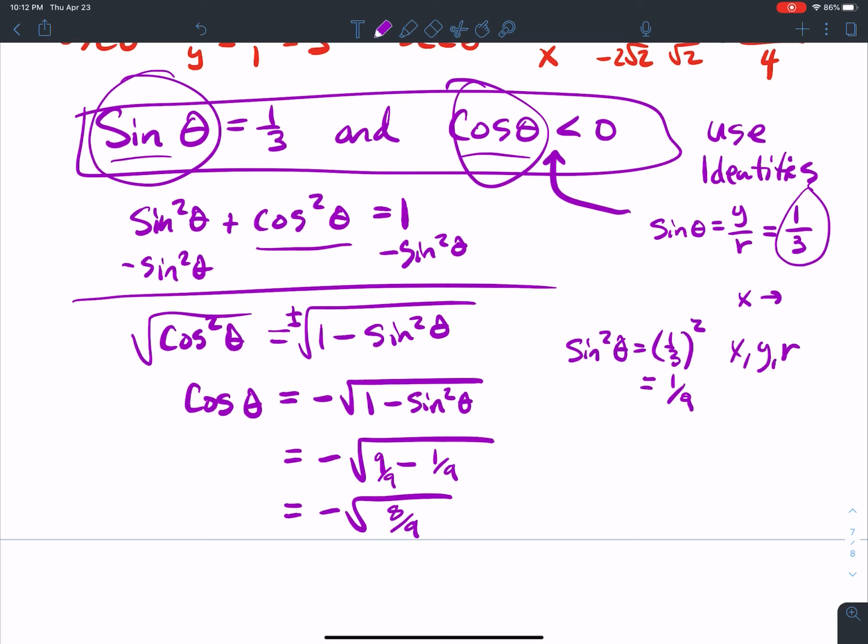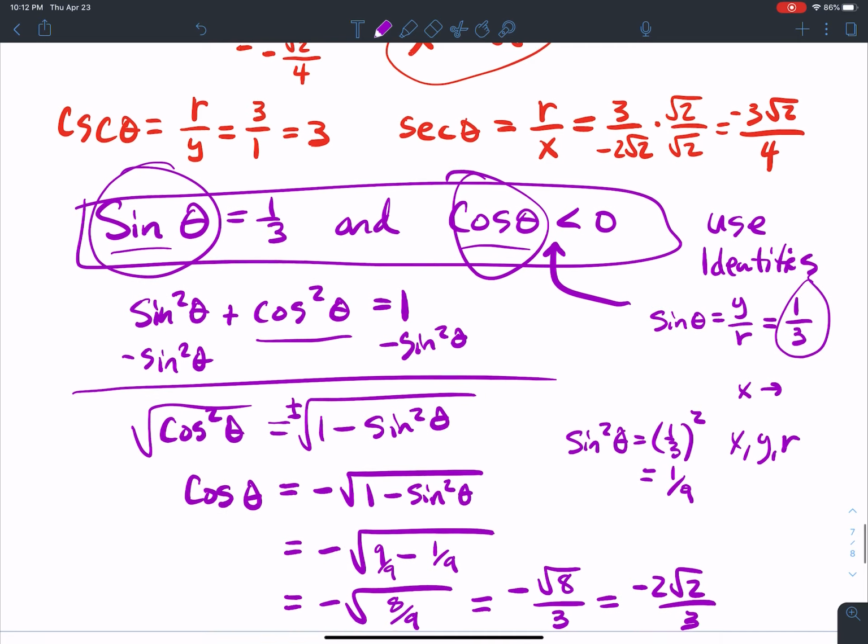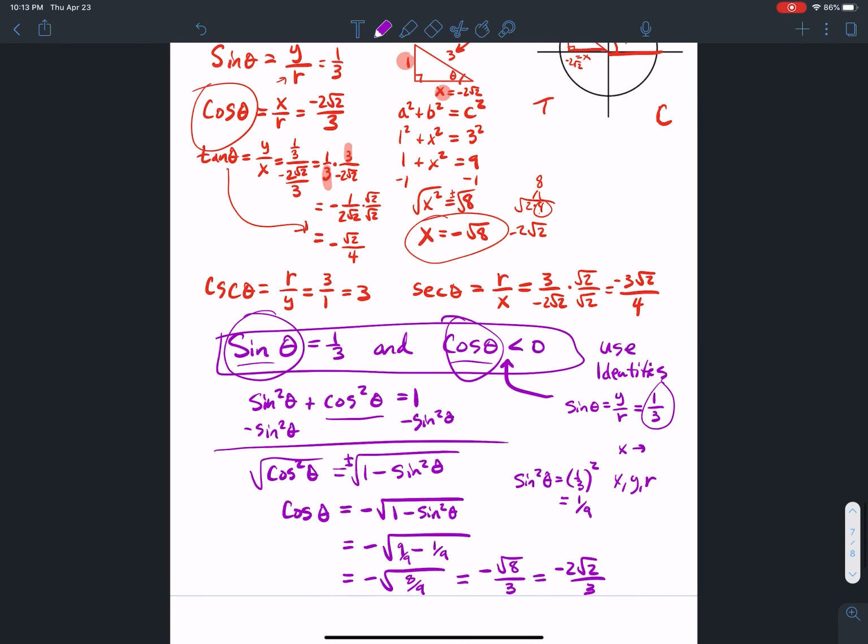If I take the square root of the numerator and the denominator here, I get square root 8 over 3, and this reduces to 2 square root 2 over 3. That's my cosine theta that I got way back here. Okay, so then you can run through the game of getting tangent, cosecant, and then secant.